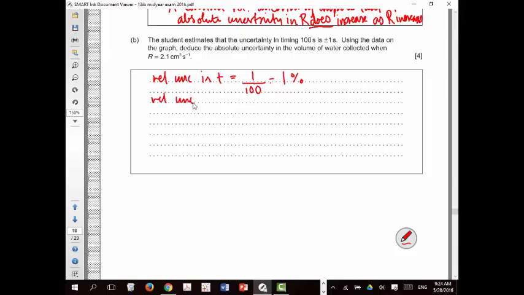Relative uncertainty in R, we were told, was estimated at 5%. So that's 5 over 100, which is 5%. Okay, volume is equal to the rate of flow times the time.